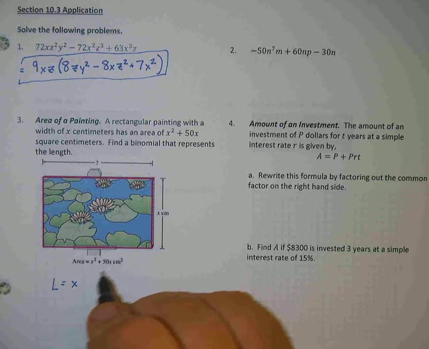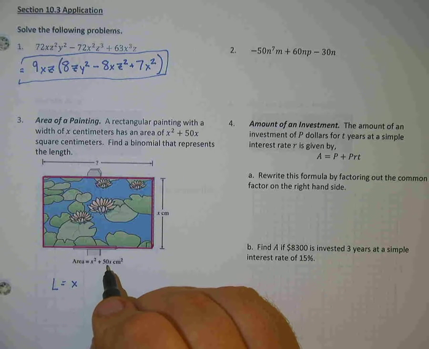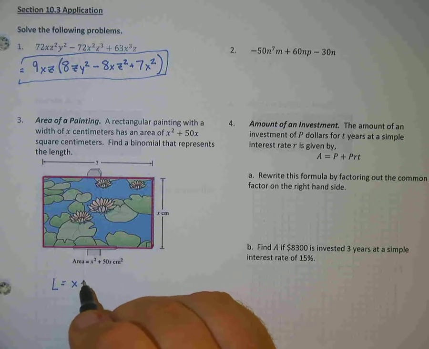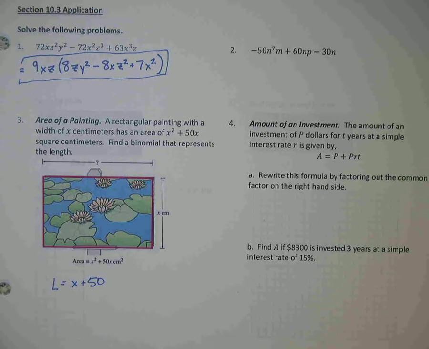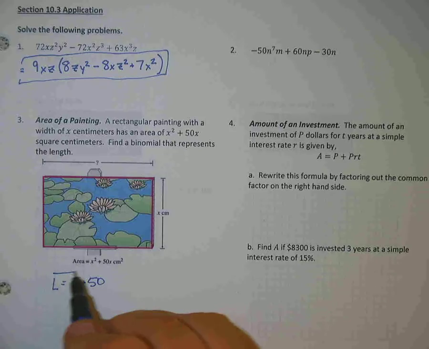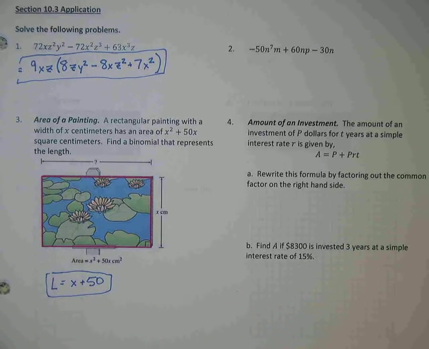That's going to leave me with x, and then 50x divided by x is just 50. So that's going to be my length, and that's where looking at it as division really helps.